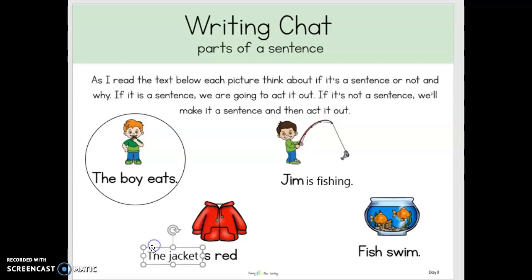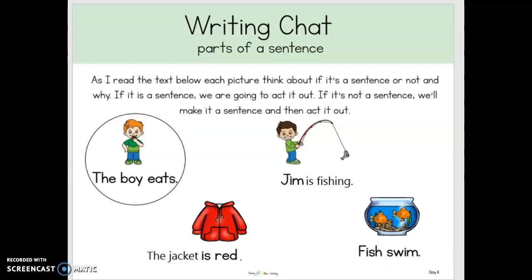The jacket is red. And we need something important to go at the end. There we go. The jacket is red with a period at the end. Now it's a sentence.